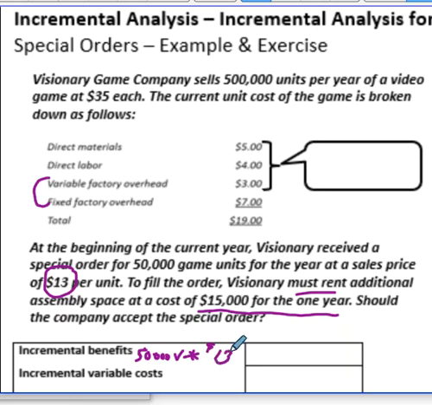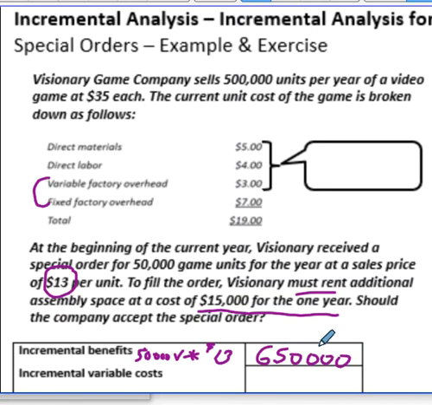The 50,000 units times the $13 sales price would be $650,000. So let me put in the incremental benefits from this sale, $650,000.